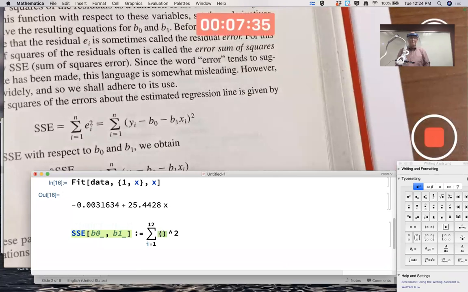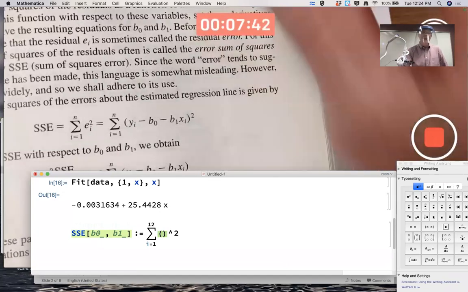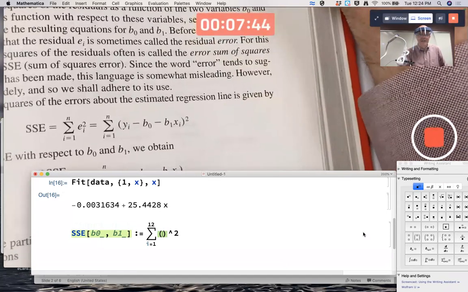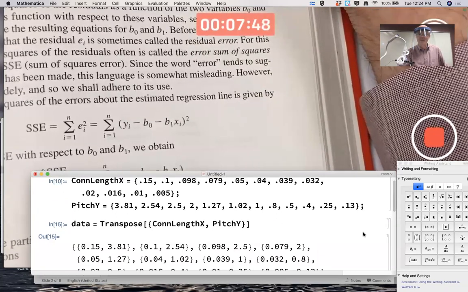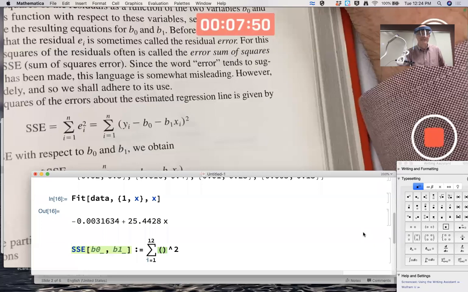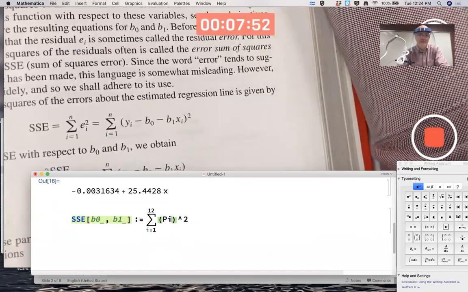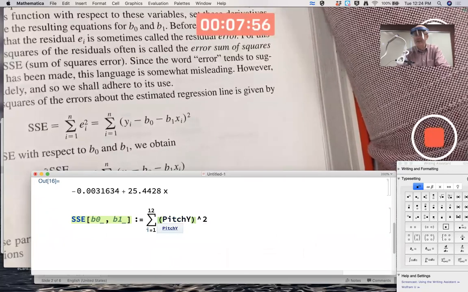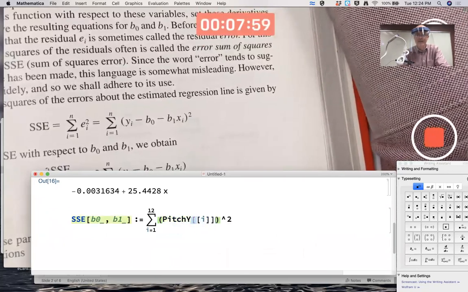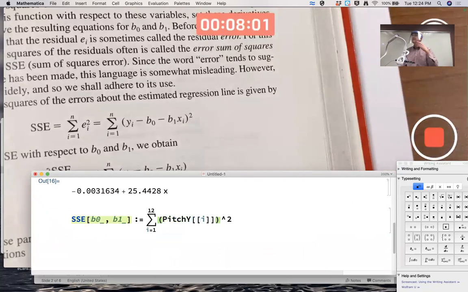How do I type what you see in the parentheses there in the book? yi minus b0 minus b1 xi. Well, the y's are the pitches, pitch y, and the x's are the connector lengths, con length x. How do I get the ith value? Here's the way to do it in Mathematica, like that, with double square brackets and put an i in there.